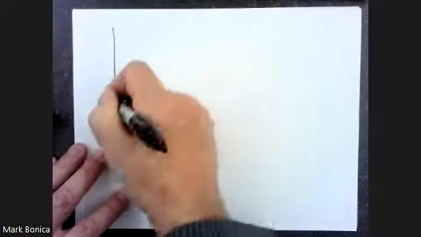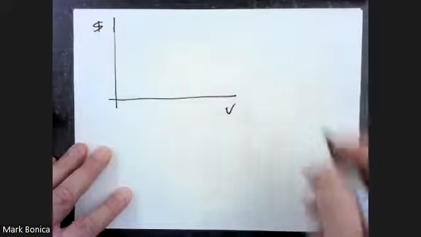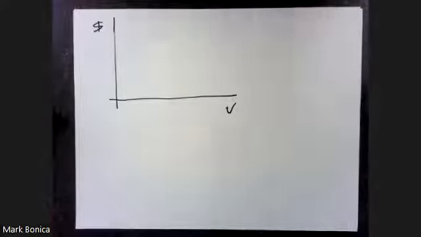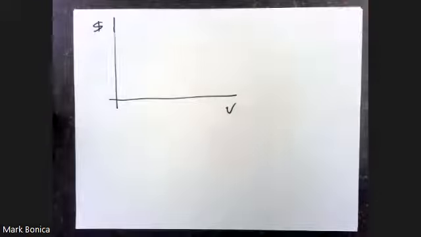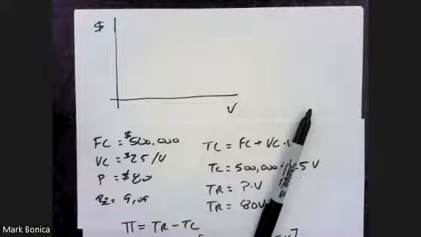This graph is called the cost volume profit analysis. So let's draw the graph, get our facts back. And we said the break even is 9,099. All right, 9,090.